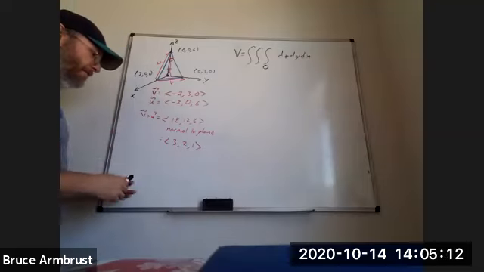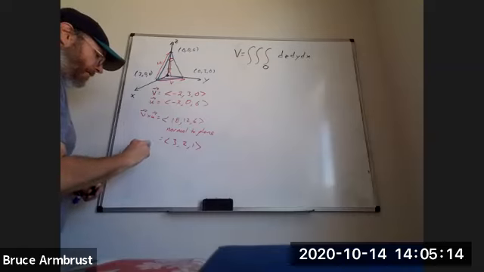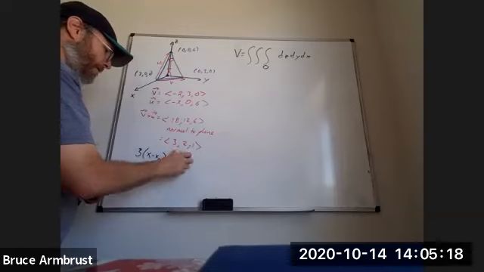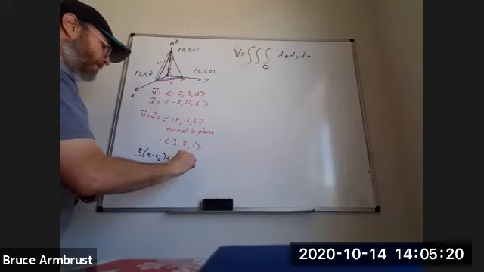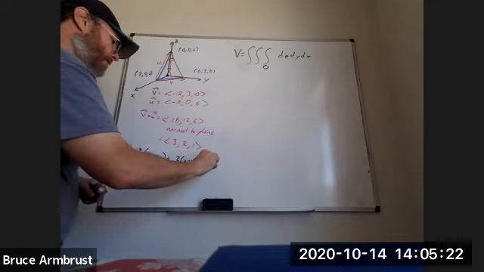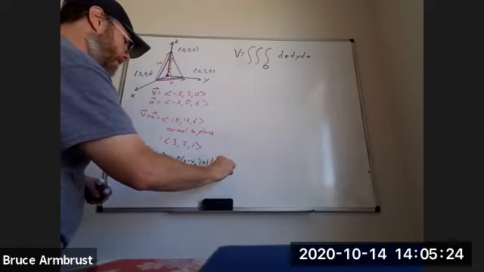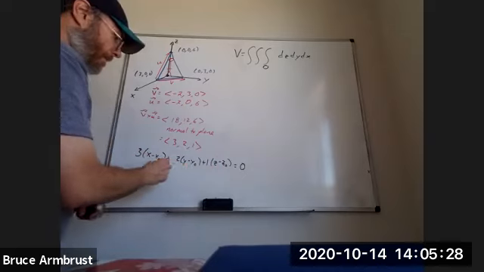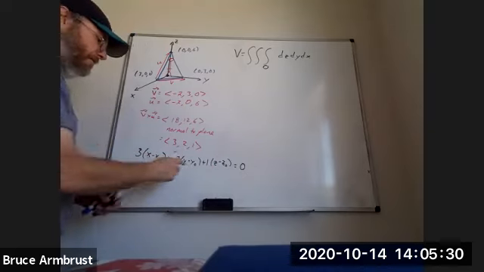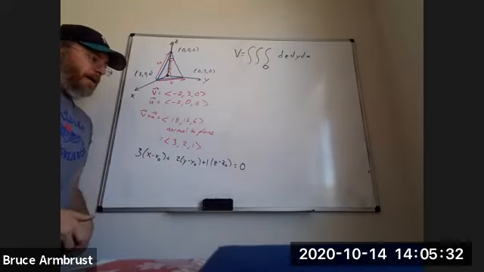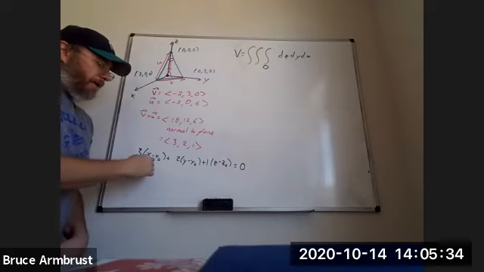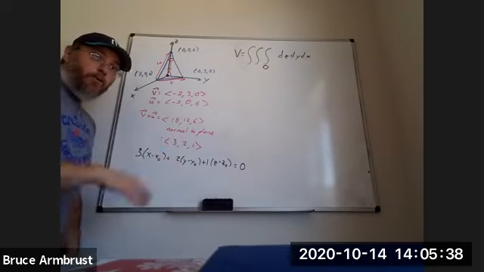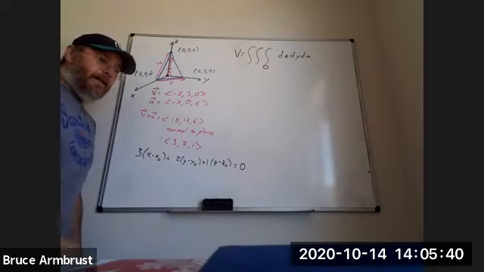One is you can take these components of our vector and put those as coefficients on x minus x naught, y minus y naught, z minus z naught, where x naught, y naught, and z naught are a point on the plane, any point you want, and you set that equal to 0.